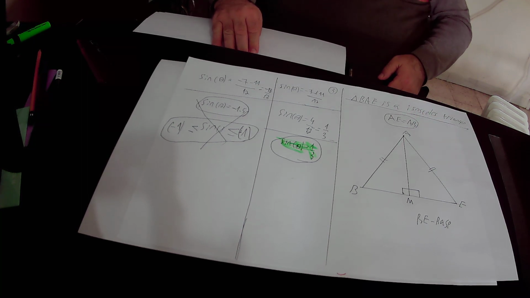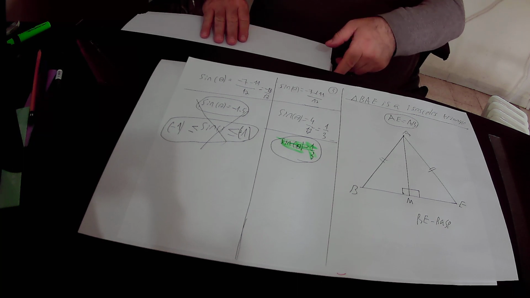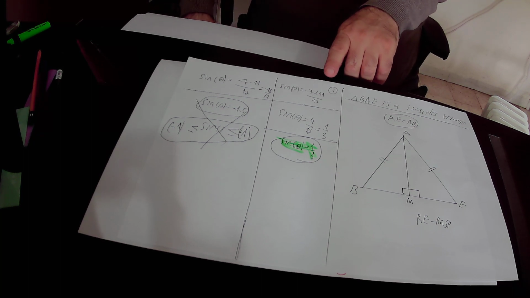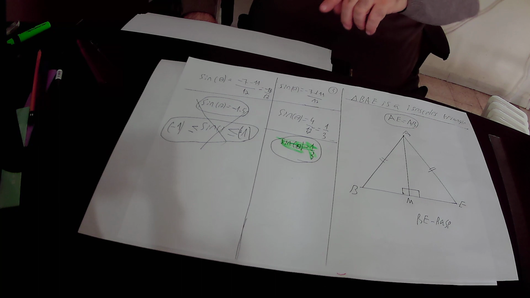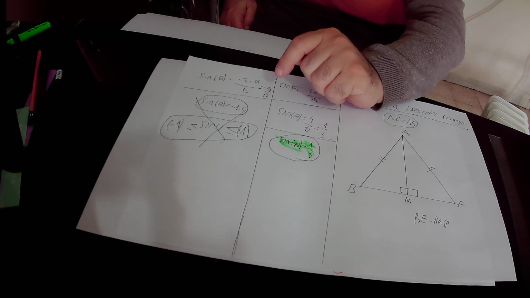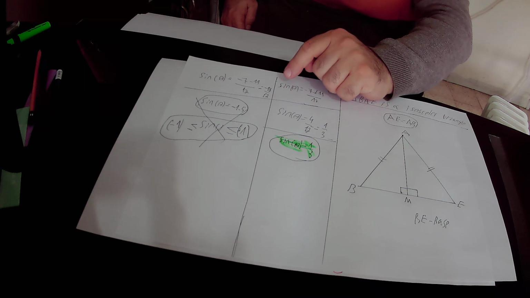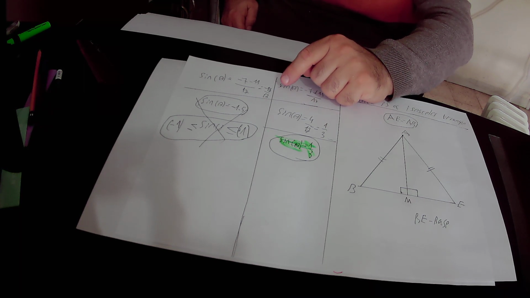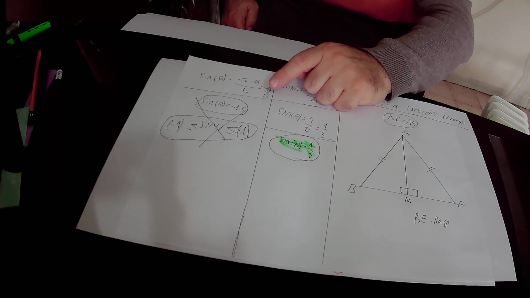And the second solution is that sine theta equals minus 7 plus 11 over 12. In the first solution, minus 7 minus 11 is minus 18, and minus 18 over 12 is equal to minus 1.5. So according to this solution, sine theta equals minus 1.5.